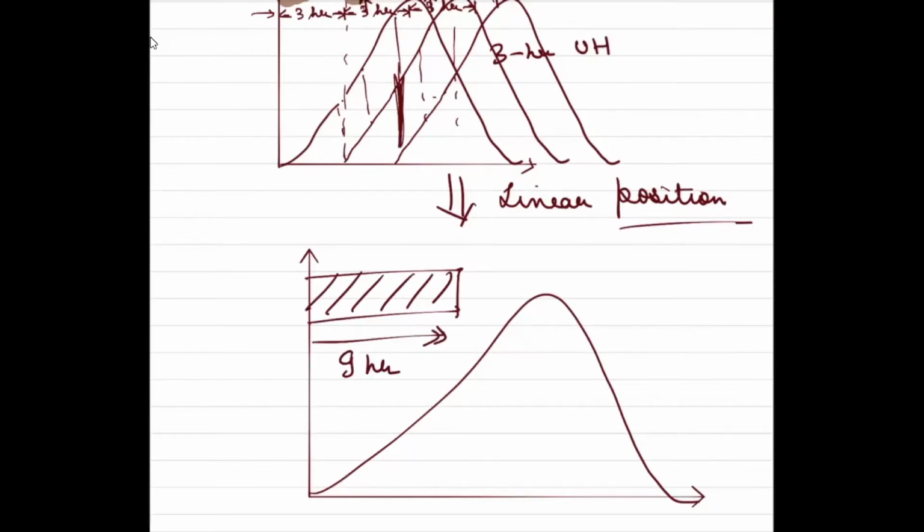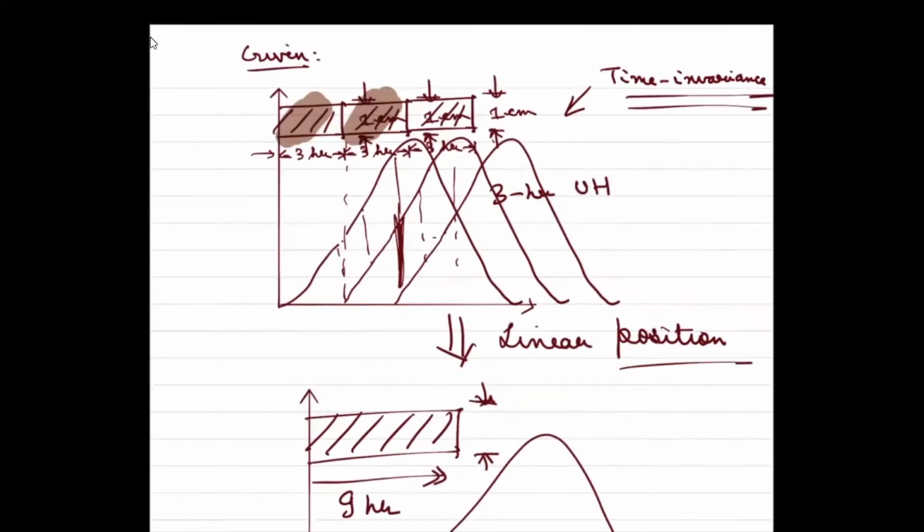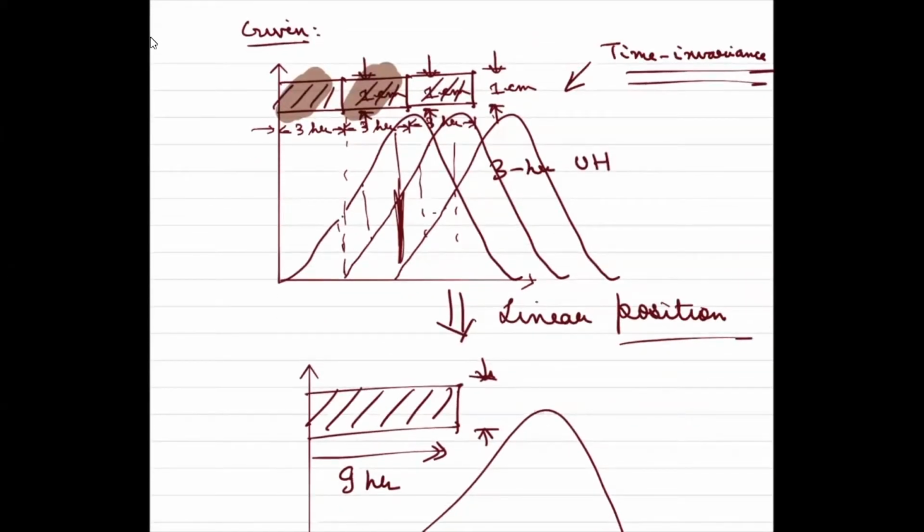What is the total depth of precipitation now? This is a DRH for 9 hours and what depth? So 1. 1 or 3? Check again. This is 1 plus 1 plus 1.